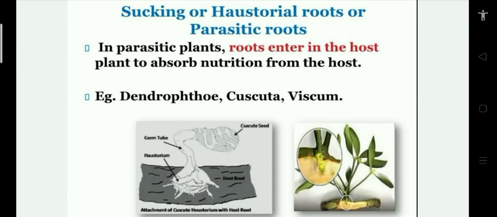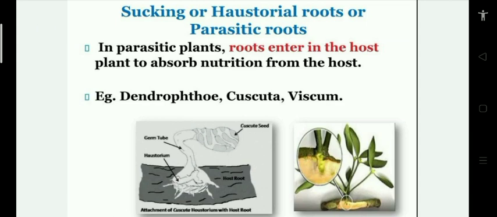Haustorial roots, parasitic roots or sucking roots. These are also adventitious root modifications. In parasitic plants, roots enter into their host plant to absorb nutrition from the host. That type of roots are haustorial roots. Examples: cuscuta, viscum.